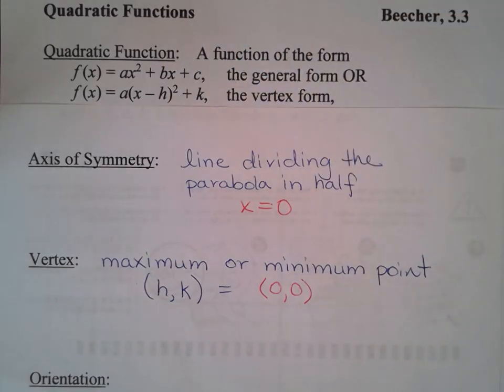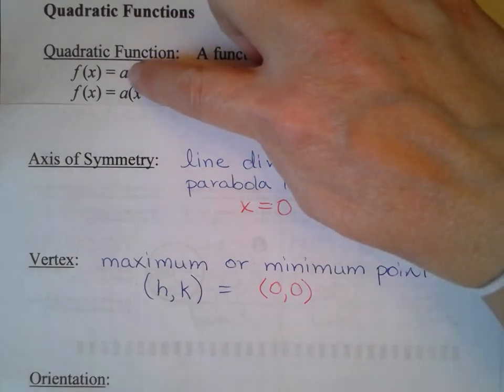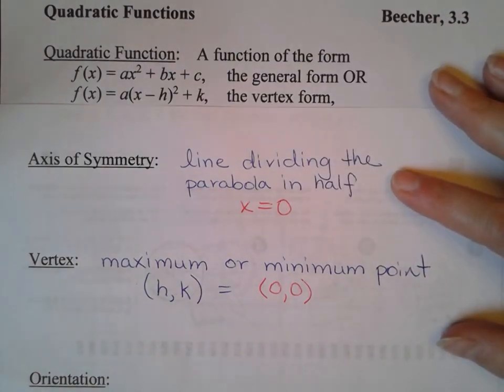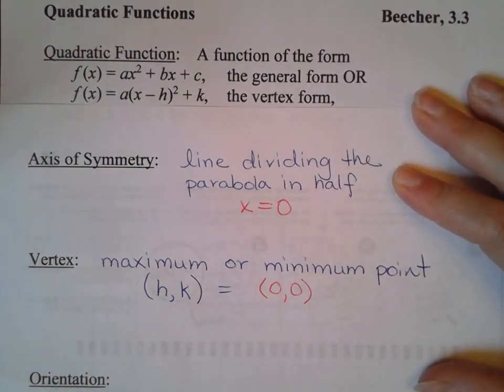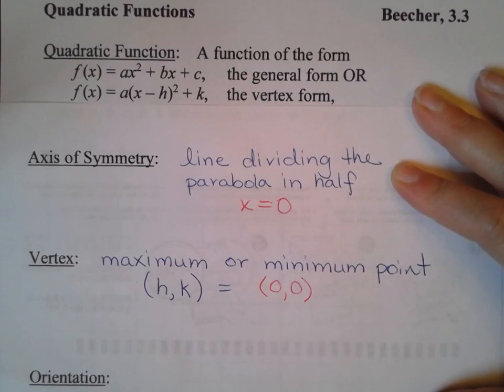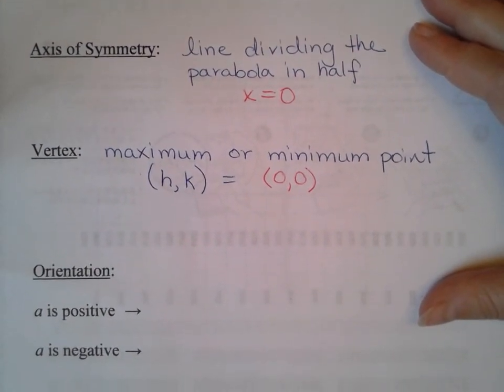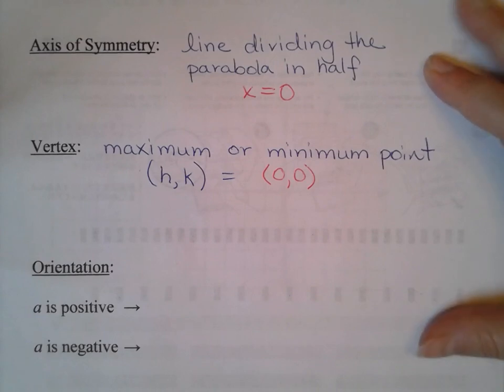There's two more things we can say about the graph for a parabola, and they're both based on the a that you see in both formulas here. It's the same a, the same variable. If we were to write an equation for the same parabola in both formats, the a would be the same. One thing that the a takes care of is the orientation.